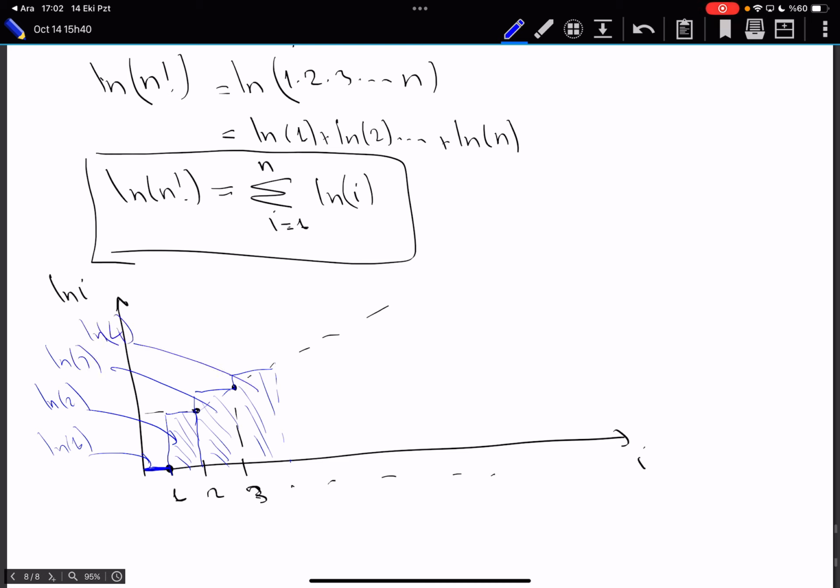When I sum all those areas, I am essentially calculating an approximation of the area below this curve.